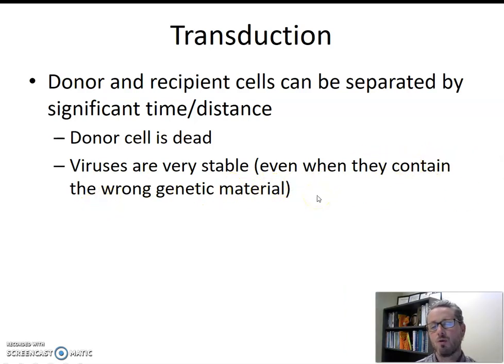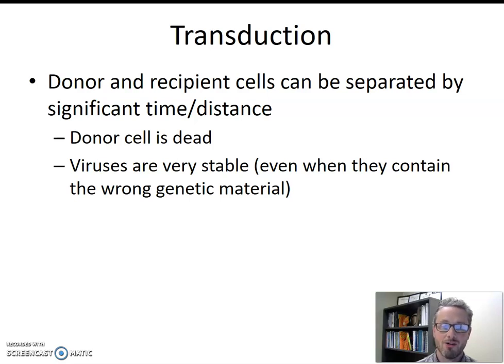So one might ask, well, this virus contains bacterial DNA, not the viral genetic material. Doesn't the virus need its genetic material to do something? And I would remind students that outside of host cells, viral particles cannot do anything.